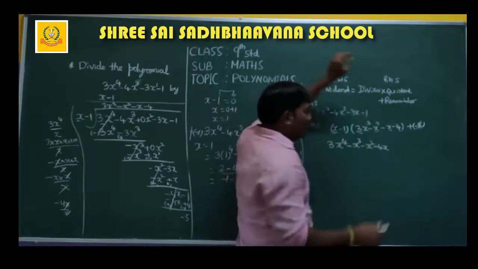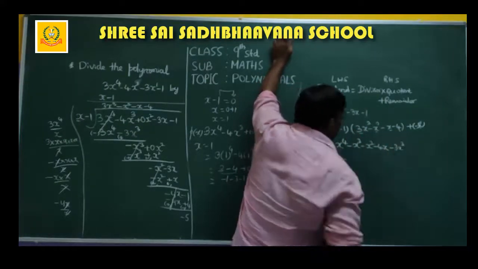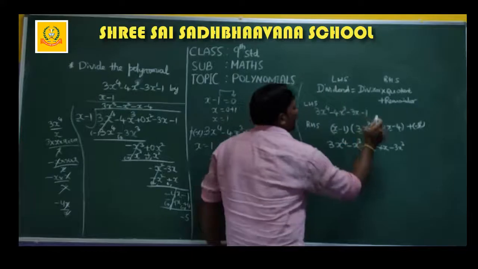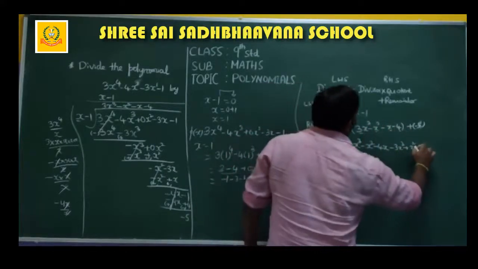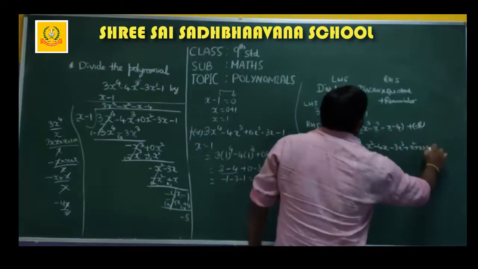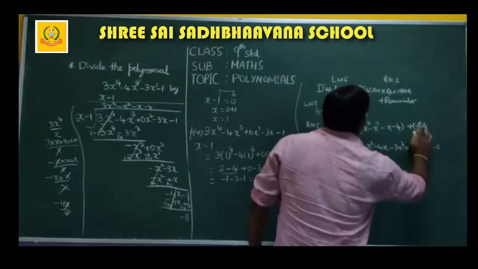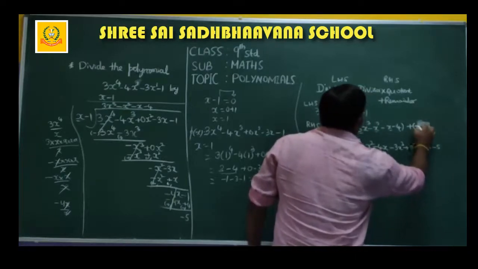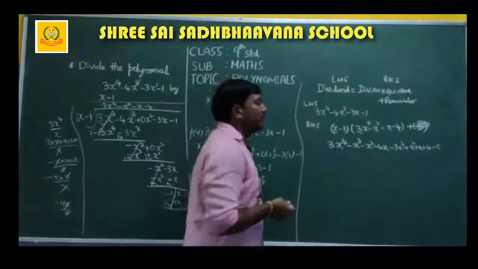Now, minus 1 into 3x cube is minus 3x cube. Signs are very important. Minus 1 into minus x square is plus x square, minus into minus x is plus x, and minus 1 into minus 4 is plus 4, and here plus into minus is minus 1. Got it? So plus into minus is minus, so we will get minus 5.